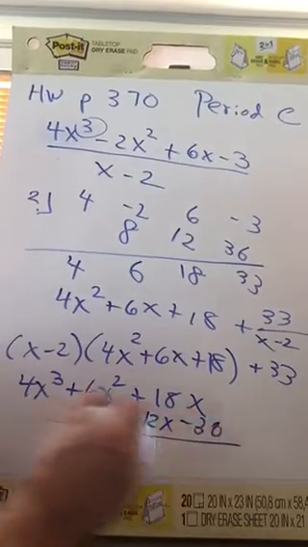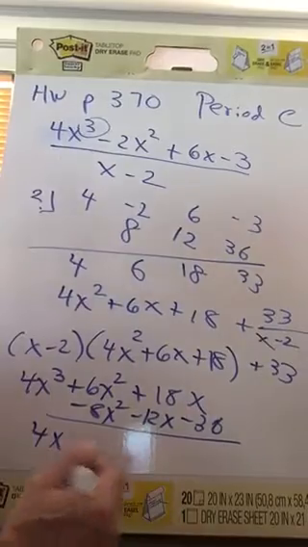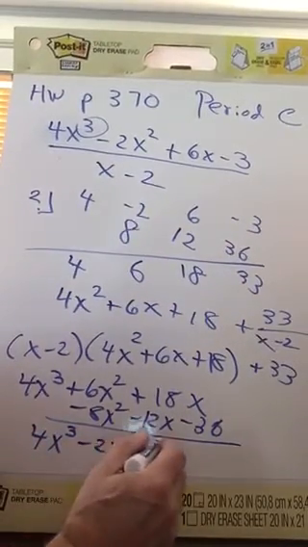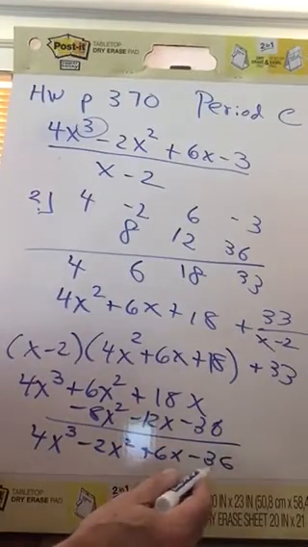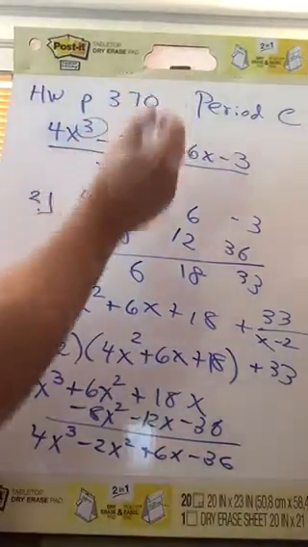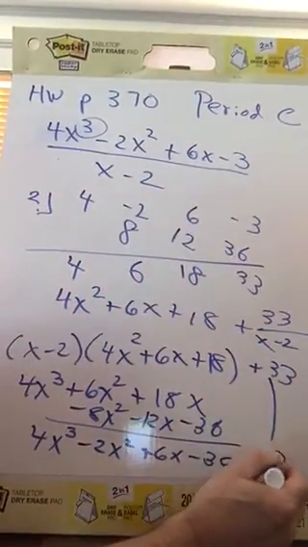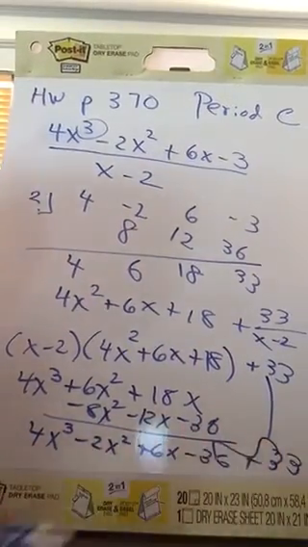We'll put that at the end. And we get 4x cubed minus 2x squared plus 6x minus 36. That matches up here, except we're supposed to get minus 3. Well, that's where the remainder comes in. You add plus 33, and now that becomes the negative 3. So it works.